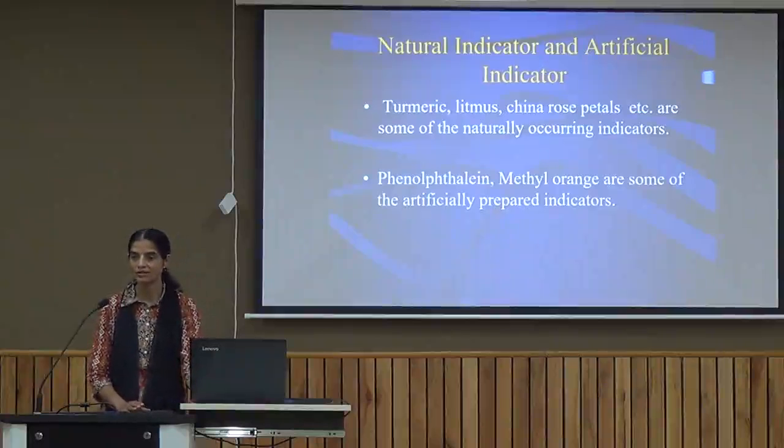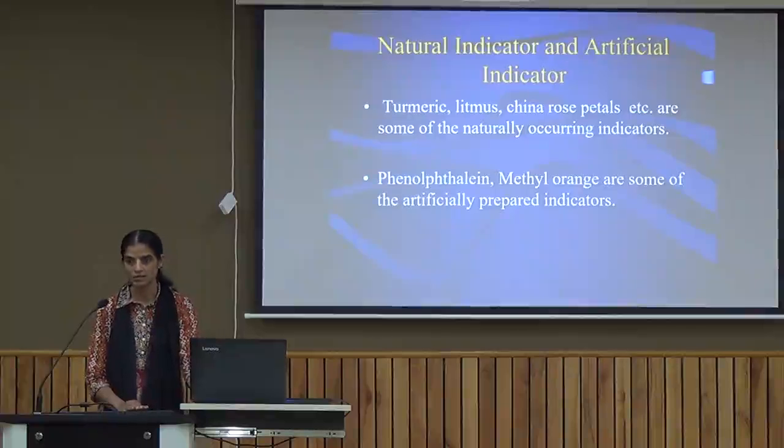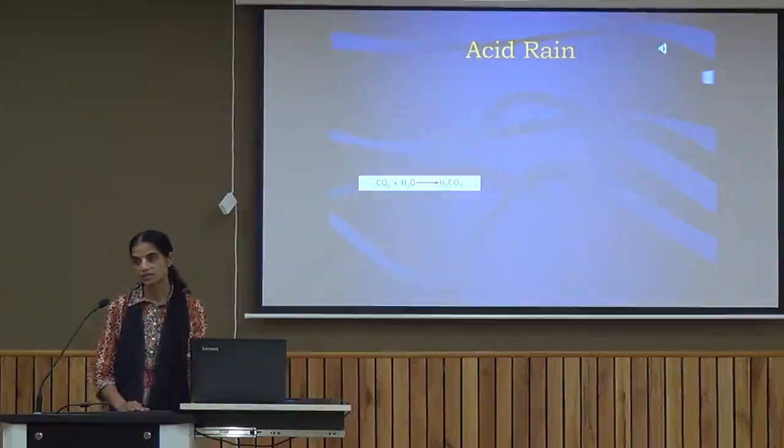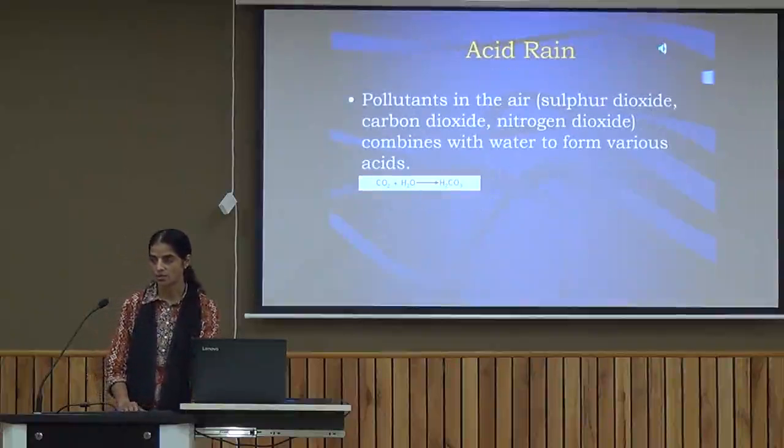Its original color is colorless, so with acids, when we say no color change, it means colorless remains colorless. But with bases, phenolphthalein gives pink color. So by specific colors we can identify that the given substance is acidic or basic in nature.